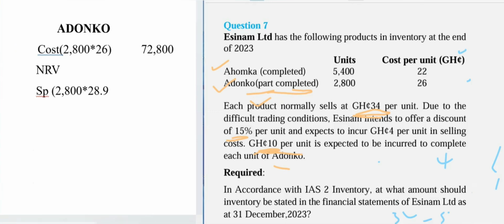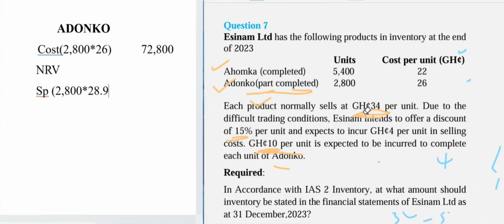Now, watch out. There's something very important that you need to know about work in progress. I've said something about that in the previous video. The 28.9, that's the selling price. It's the selling price for the finished goods.